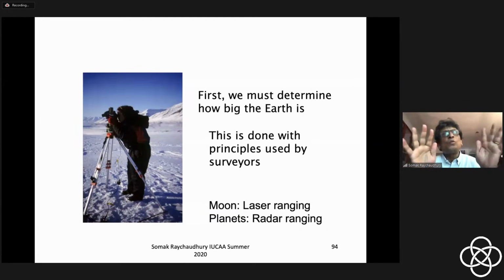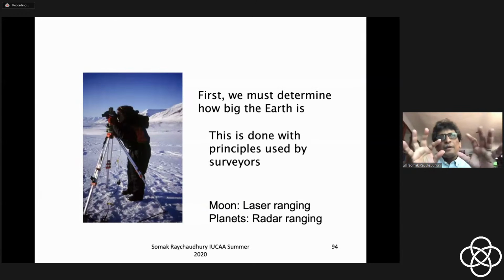And now with technology from satellites, GPS, Google Maps, GIS, our own ISRO has surveys that have maps accurate to about 60 or 70 centimeter resolution. Google Maps are even better than that, going to 30, 40 centimeter resolution.